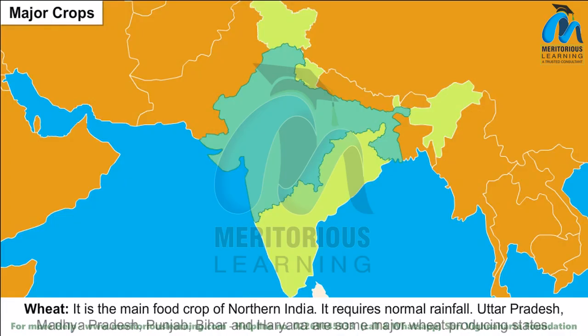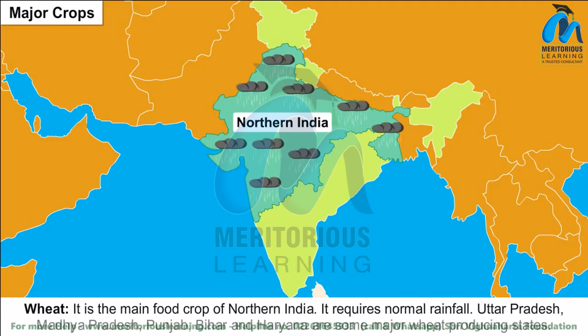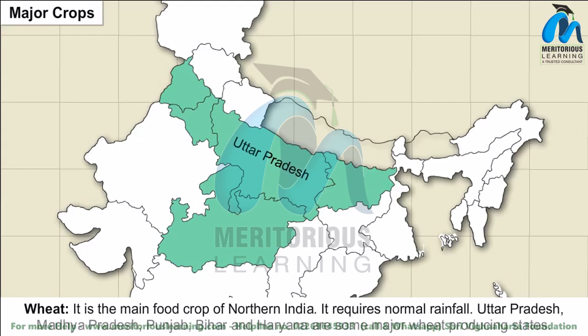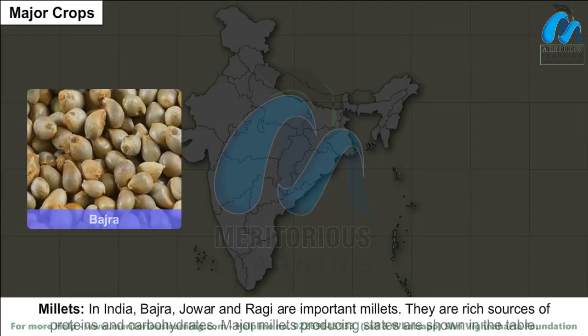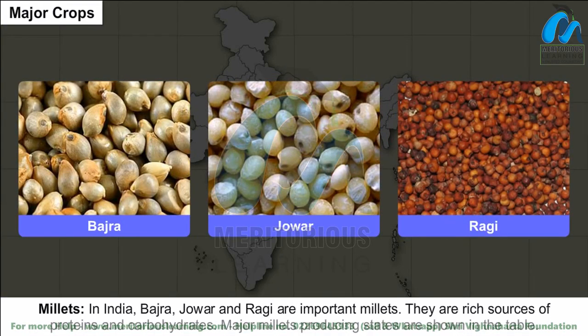Wheat. It is the main food crop of northern India. It requires normal rainfall. Uttar Pradesh, Madhya Pradesh, Punjab, Bihar and Haryana are some major wheat-producing states. Millets. In India, bajra, jowar and ragi are important millets.